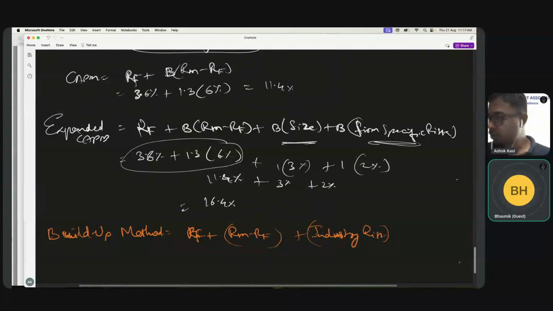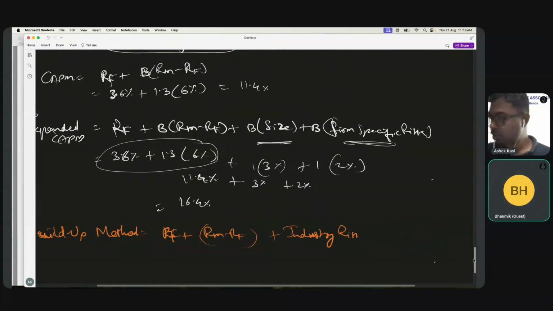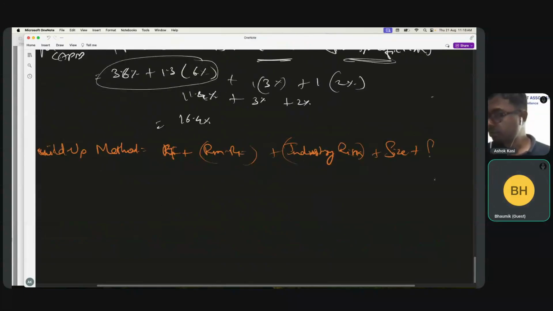Industry risk plus size plus firm-specific.